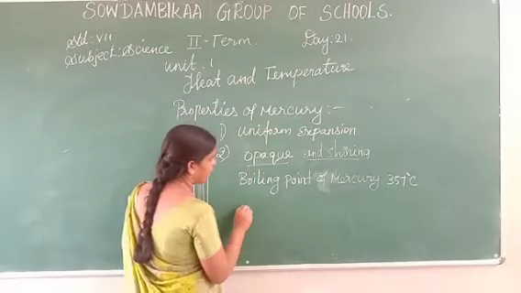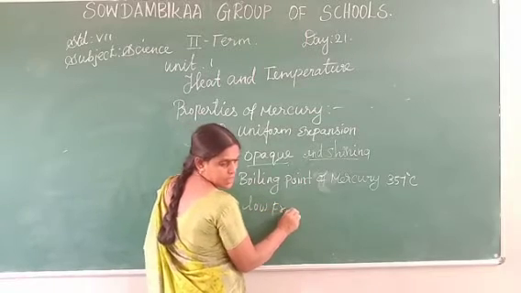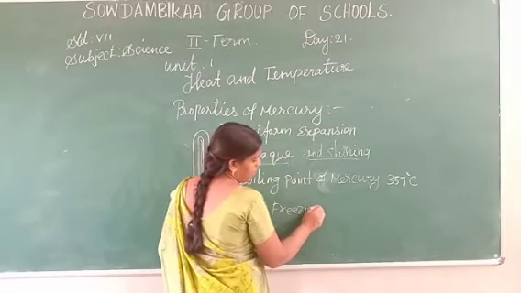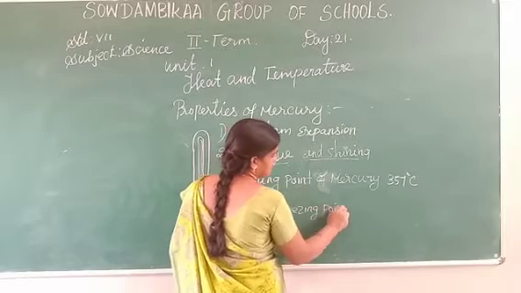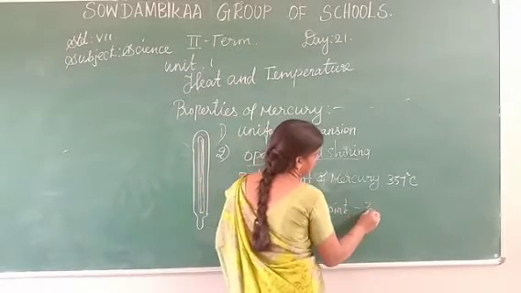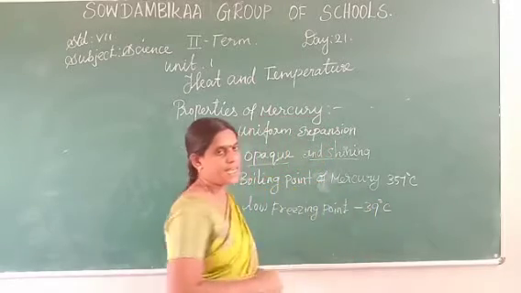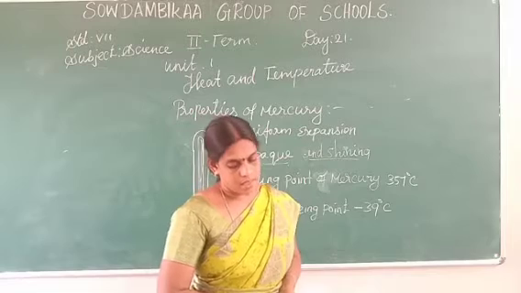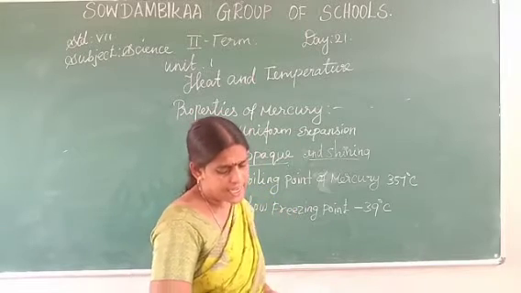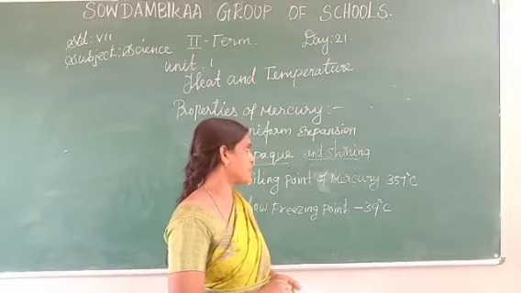And it has a low freezing point. The freezing point of mercury is minus 39 degrees Celsius. Hence, a wide range of temperatures can be measured with a mercury thermometer.